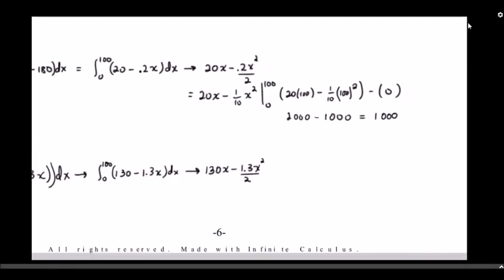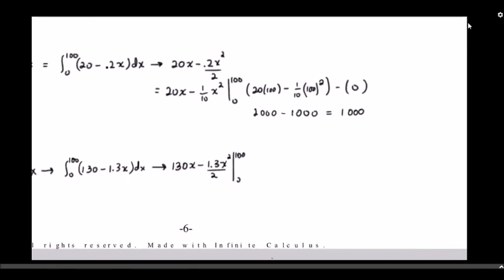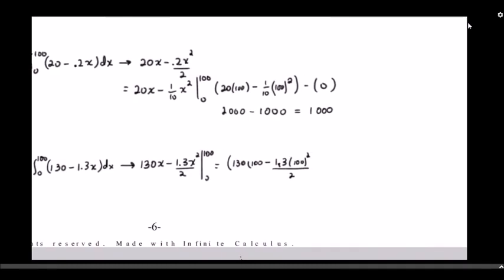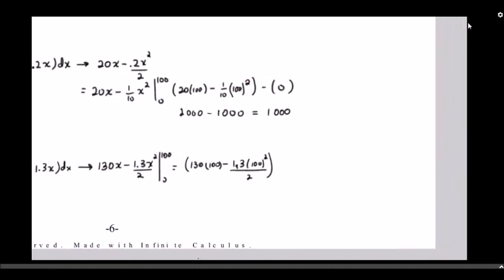So if we evaluate and use the fundamental theorem of calculus from 0 to 100, we need to evaluate the antiderivative first at 100. So this is going to be 130 times 100 minus 1.3 times 100 squared over 2. Now we subtract the value of the antiderivative at 0, but again, that would result in 0.